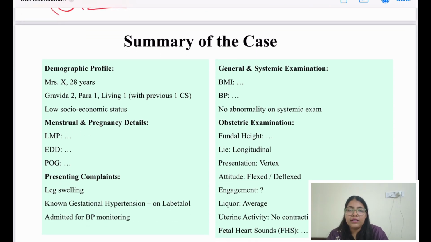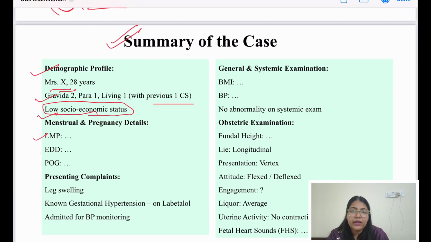So after all this examination, you present your summary. First you had taken the history. So what points are you presenting in the summary? The positive relevant points. So Mrs. X, this many years old, her obstetric score, any previous important obstetric event, with low socioeconomic status, which you can mention or even skip, with LMP, EDD and POG, with her presenting complaints, and then any positive history finding.